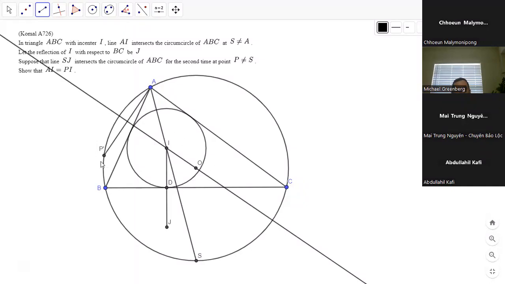Is there anything special about the reflection of A over OI? I'm not sure.